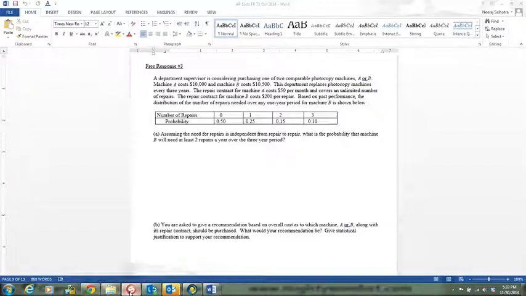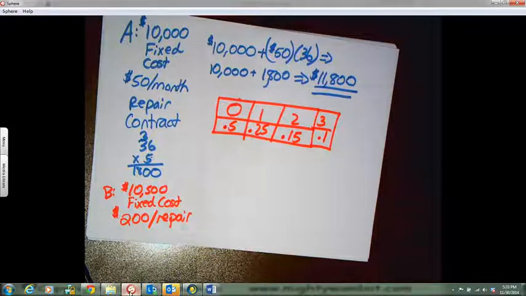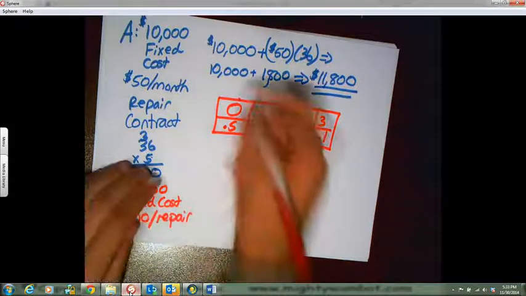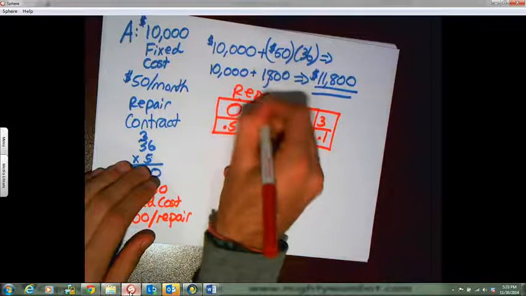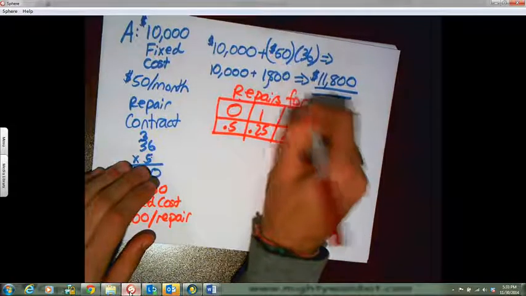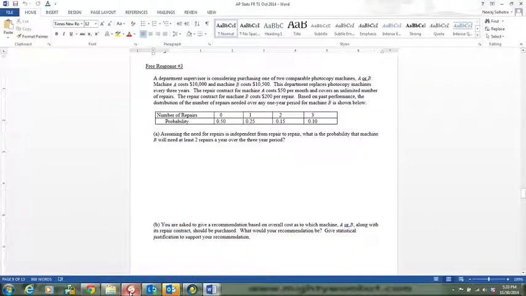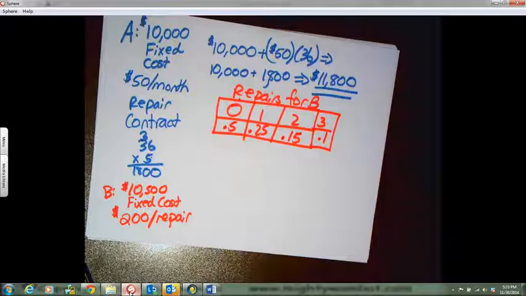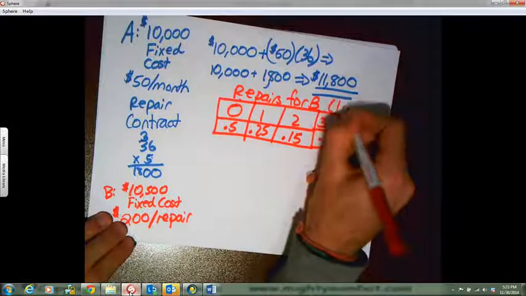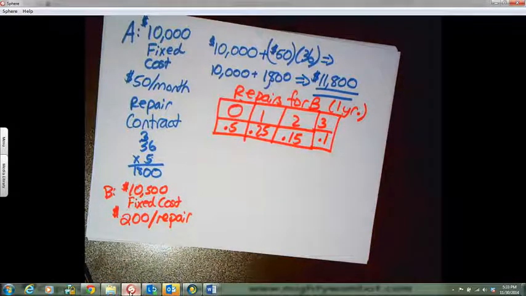So here we have, these are the average, I'll call it repairs. And I think if we go back, this tells us that this is the repairs needed over a 1 year period. 1 year. Alright, so let's take a look.